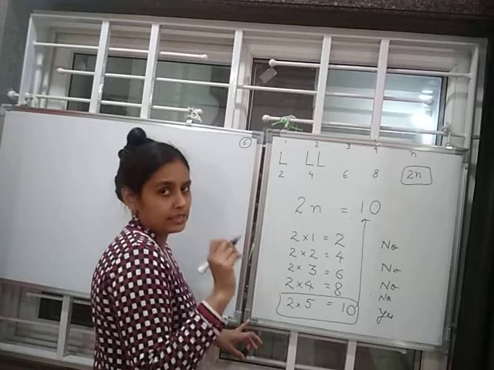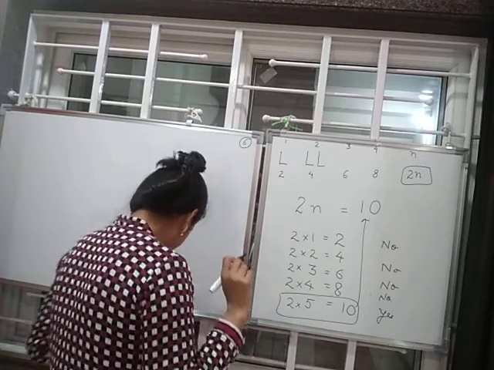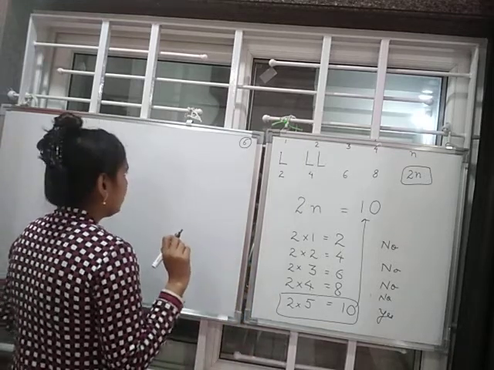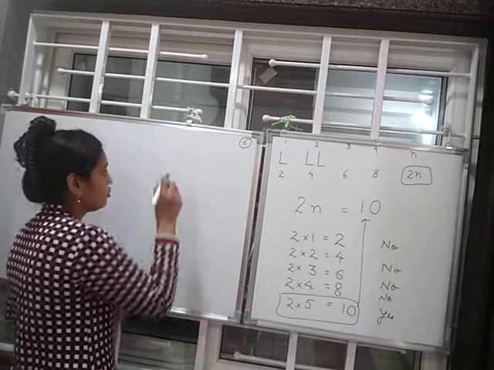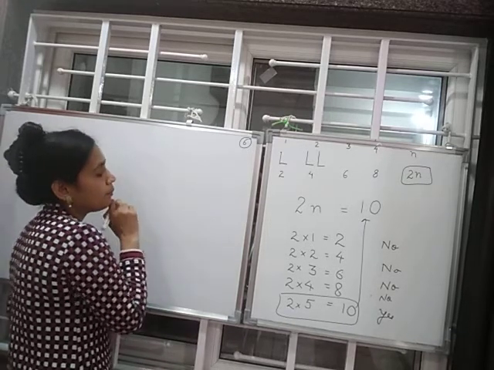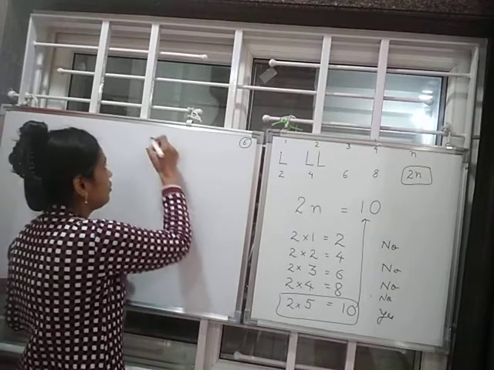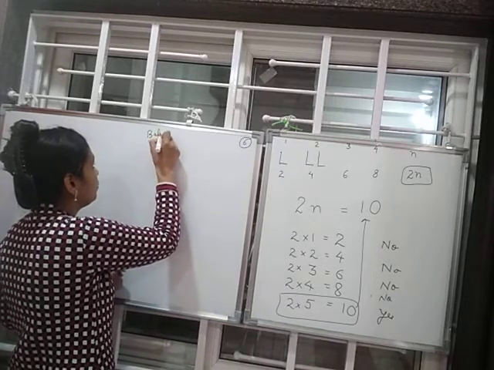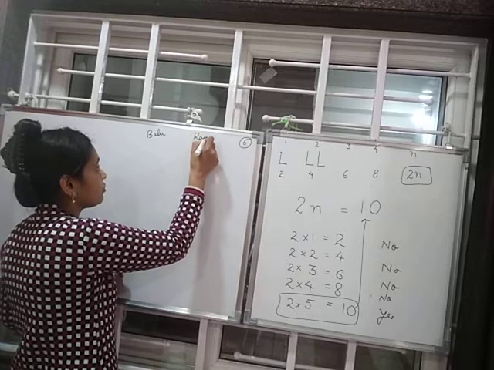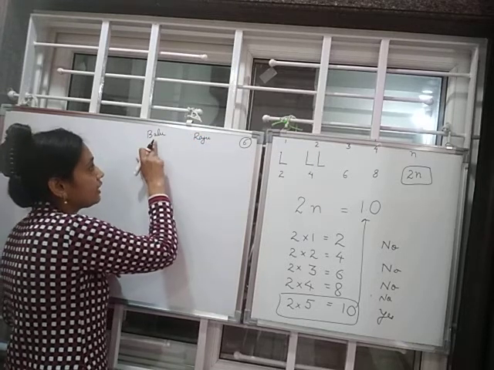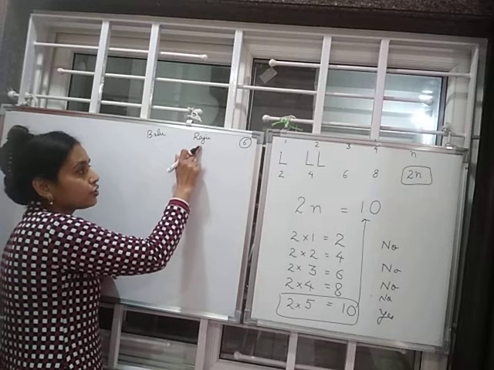We will take one more example. That is also from the book, children. I think Balu and Raju. So, Balu is 3 years younger than Raju.